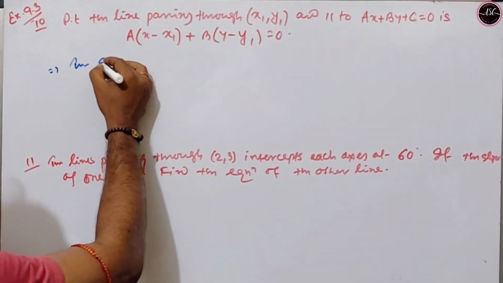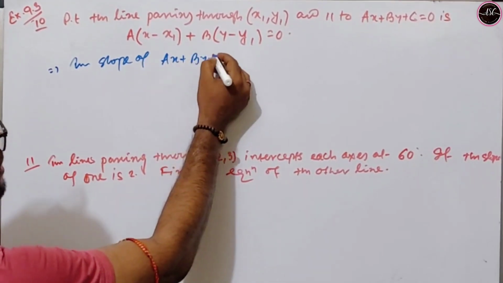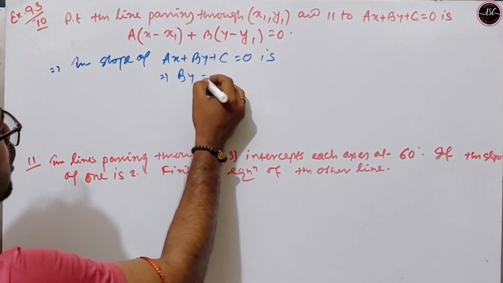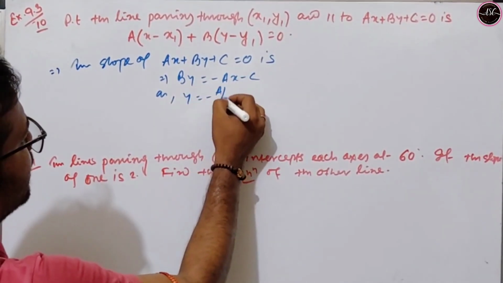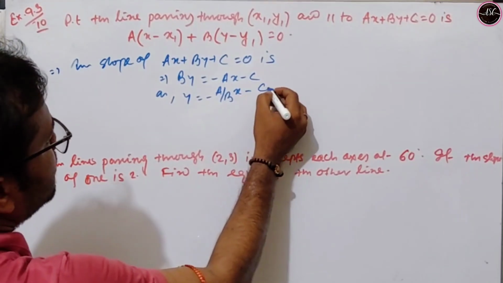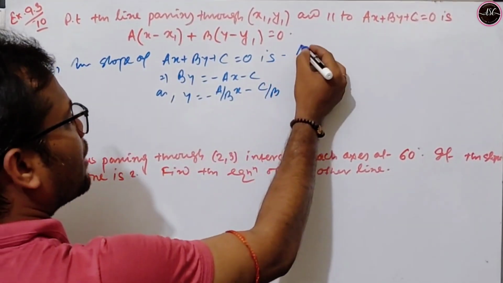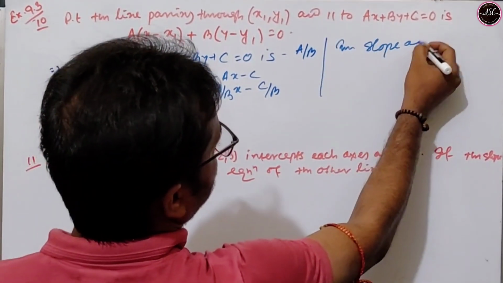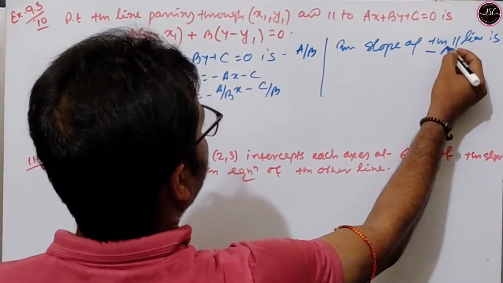The slope of ax plus by plus c equal to 0: this can be written as by equals minus ax minus c, or y equals minus a by b x minus c by b. So the slope is minus a by b, and the slope of the parallel line is also minus a by b.